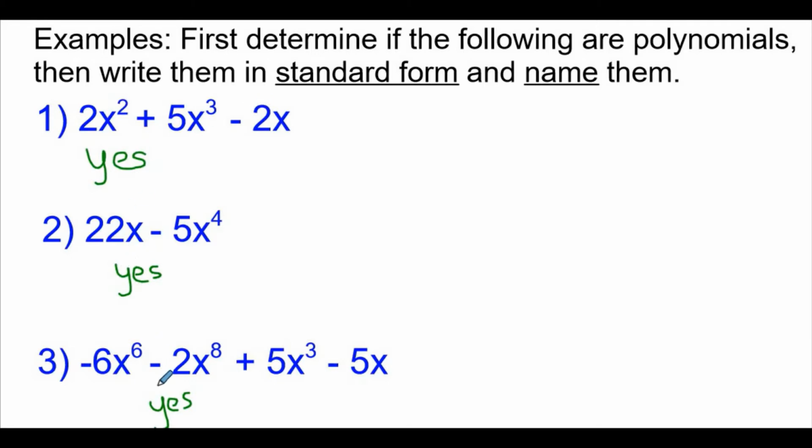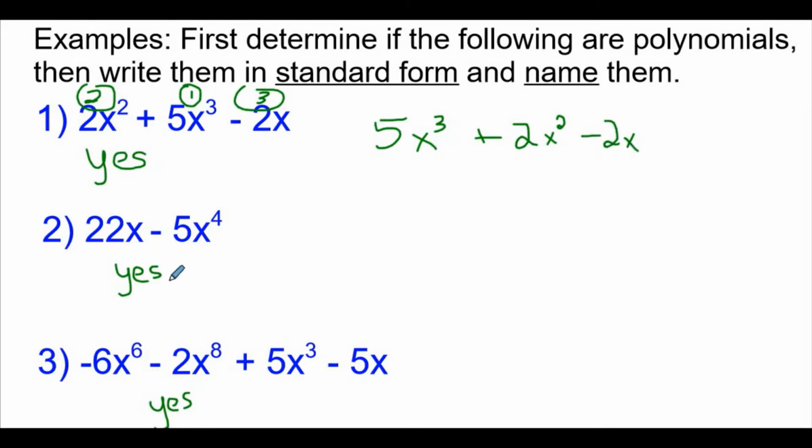All right, so now that we know that they're all yeses, let's write them in standard form. To write this in standard form, this would be the first one, this would be the second one, and this would be the third one. So this would be 5x to the third power plus 2x squared minus 2x.